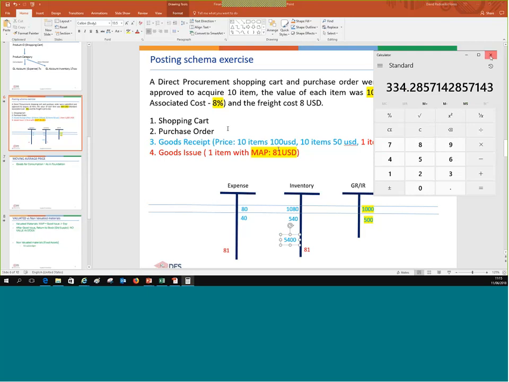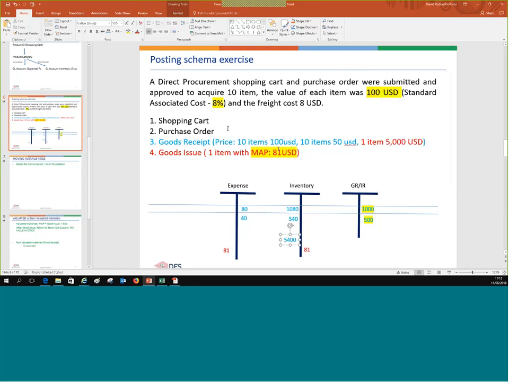So when they process the goods issue, they process it for 334, which is wrong because one tablet is about 81, right? So this is why the moving average price will be corrupted. Now, when people realize that this is the problem, they will reverse this transaction.